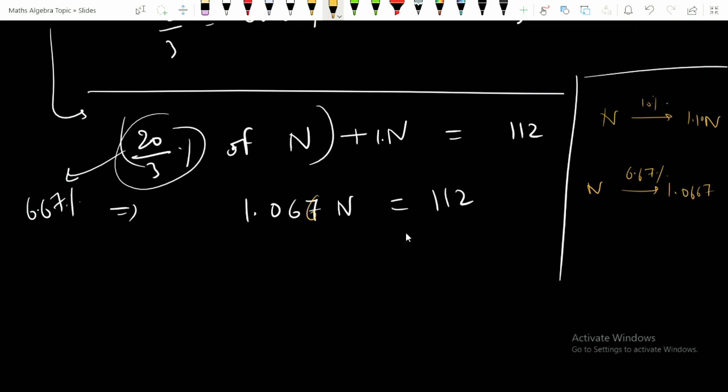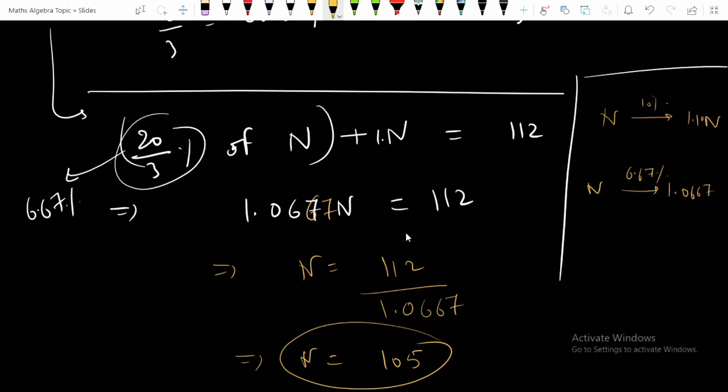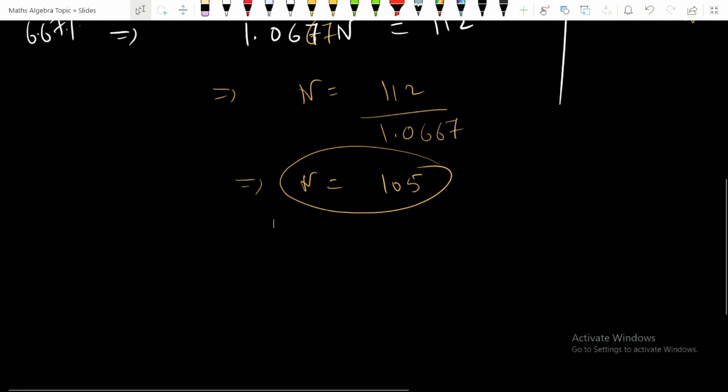So we just have to divide it. n equals 112 by 1.0667. This is your number. If you divide it, you will get 105. It is better to do it in fraction, because I have done it in decimal form.